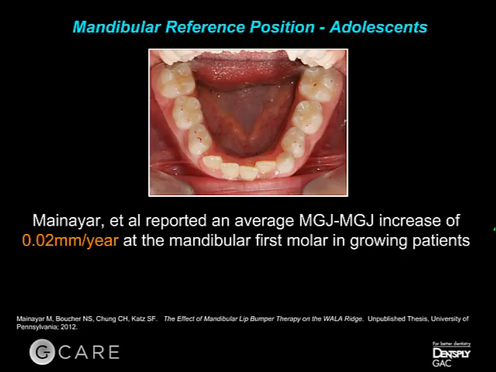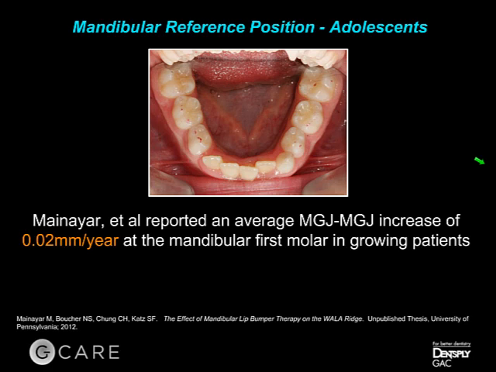So when we're looking at our mandibular reference position, the reason that this can work for growing patients is that, once again, they are their own control, and we're trying to get our upper jaw to match our lower jaw. There was a study that we did a couple years ago that showed that even as patients grow, the mucogingival junction to mucogingival junction distance increased roughly 0.02 of a millimeter a year of growth between the ages of 6 and 18.